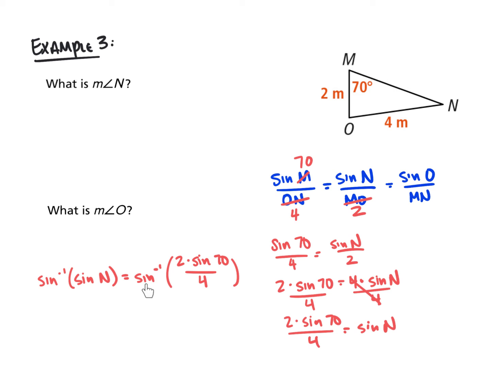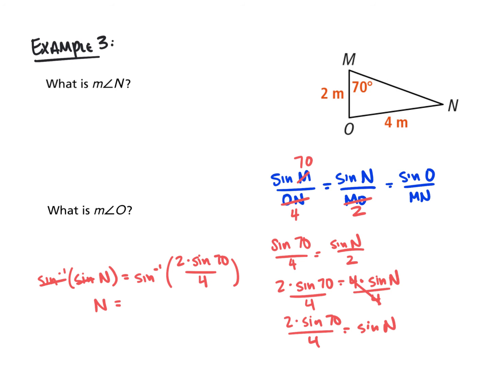I'm going to take the sine inverse of that. Now by doing sine inverse, it cancels out the sine that's in front of N. So my N, the measure of that angle, is whatever I get when I do the sine inverse of all of this. So I'm going to now grab my calculator, and I'm going to figure out what 2 times the sine of 70 divided by 4 is.